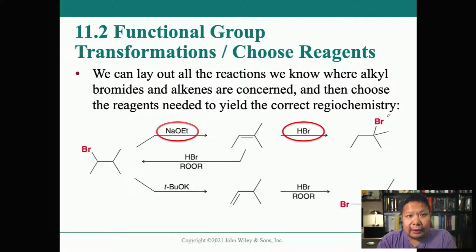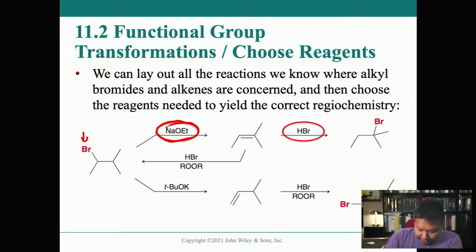We can lay out all the reactions we know here where alkyl bromides and alkenes are concerned, and then choose the reagents needed to yield the correct regiochemistry. So we start out with this alkyl halide, this bromine right here. And remember what I said, if you want to get a Zaitsev product, you need a slender base like sodium methoxide or sodium ethoxide. Here the PowerPoint has chosen sodium ethoxide.